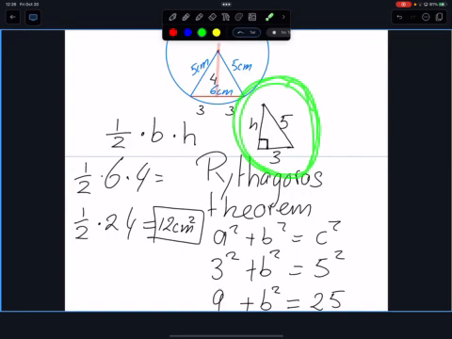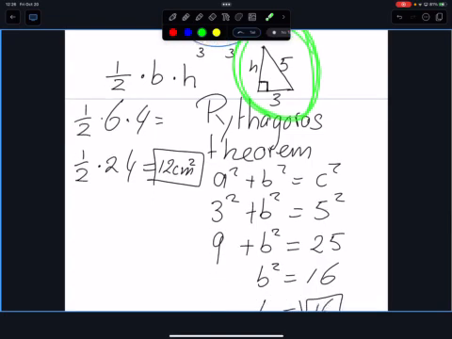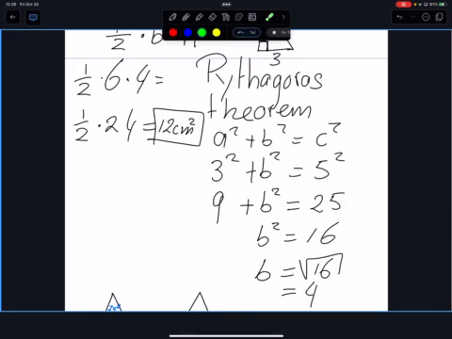And in a right-angled triangle, I can get the height. A squared plus B squared equals C squared. 3 squared plus the height squared equals 5 squared, which in turn becomes 9 added by a number equals 25. What is that number?